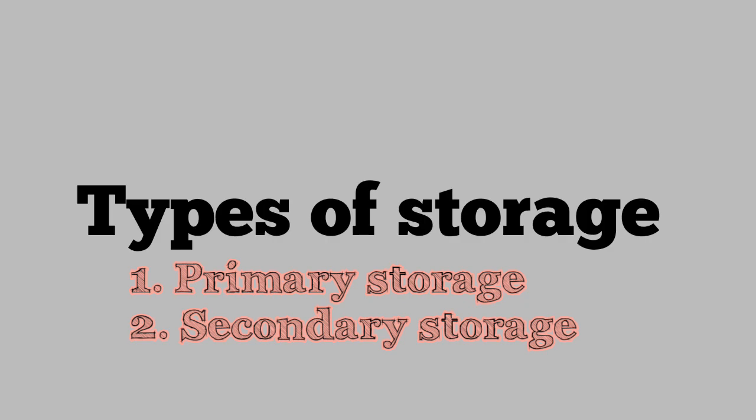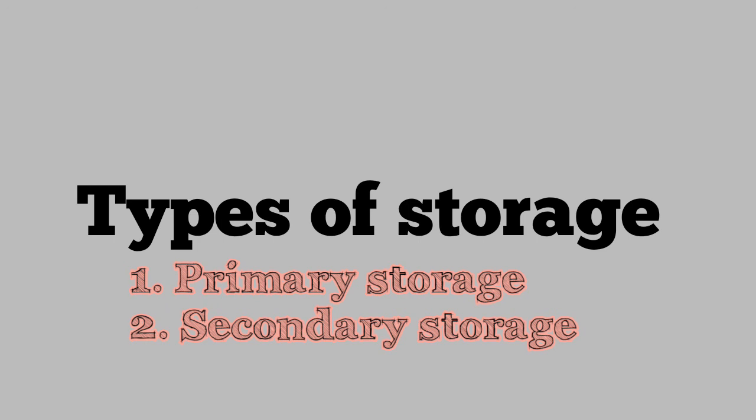Functions of storage unit. It stores the data and instruction required for processing received from input units, intermediate result of processing and final result of processing before the system releases them to the output unit. Storage unit of all the computer has two types: primary storage unit and secondary storage unit.